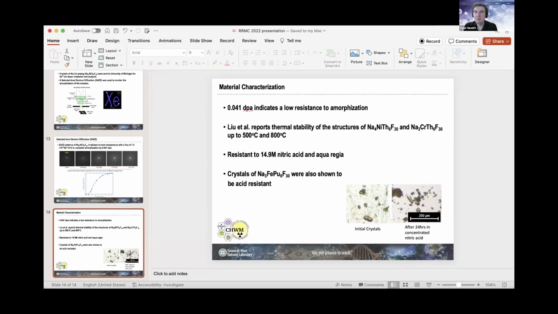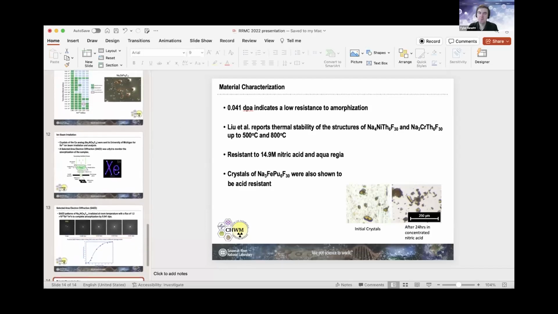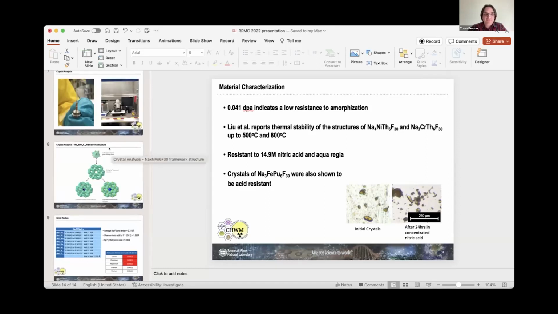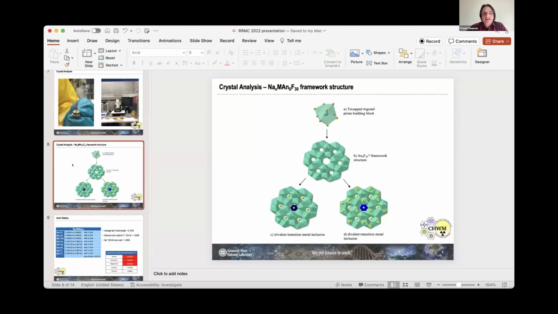All right. Have alkali cations besides sodium been tried? What is the effect of substituting the sodium for something else? Yes. So far we've tried potassium and rubidium, but haven't had any luck yet. We also tried cesium, and if you do cesium, you end up with, instead of an actinide 6 F30 structure, an actinide 3 F16 structure.